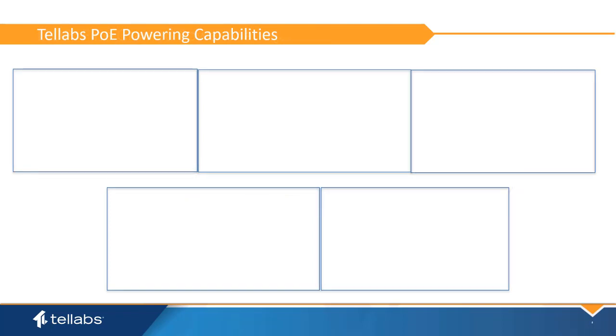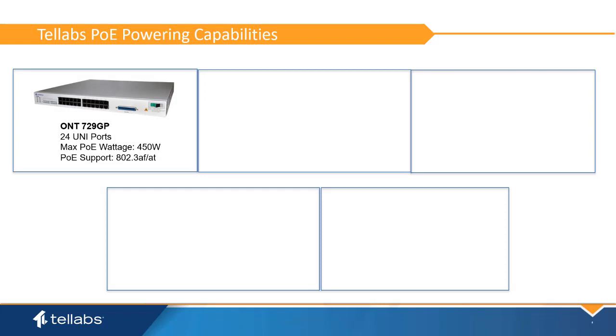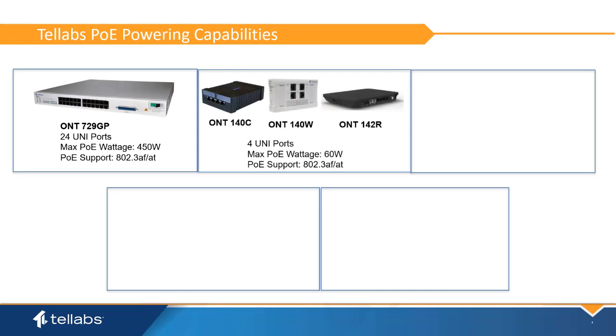Tellabs Optical LAN provides a variety of PoE capabilities. The ONT 729 provides a maximum of 450 watts of PoE power shared by 24 ports and supports Type 1 and 2 PoE. The ONT 140 series supports a maximum of 60 watts of PoE power across 4 ports and supports Type 1 and 2 PoE.